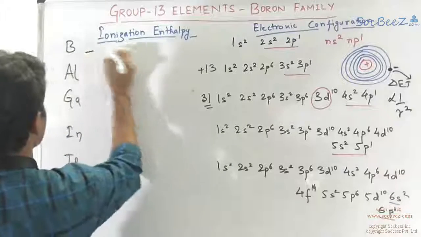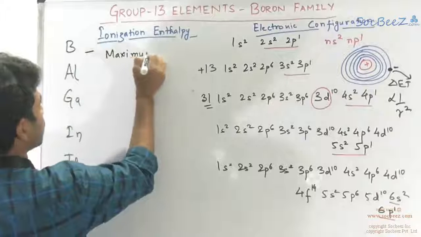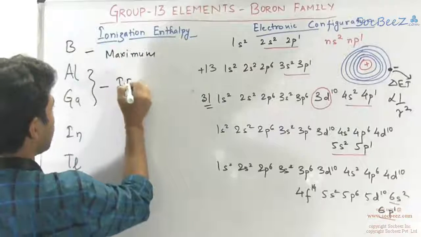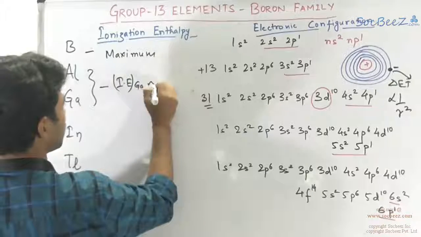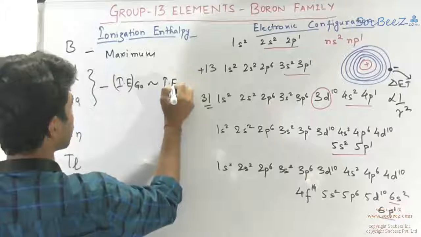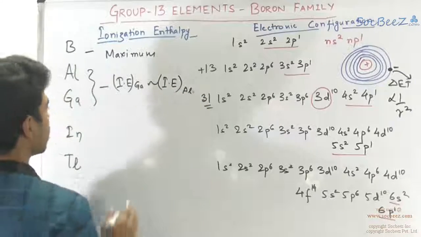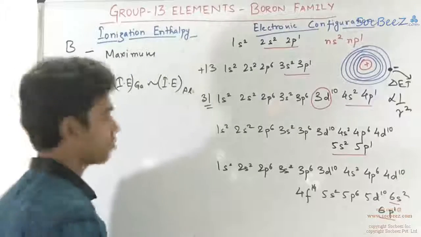So for boron, it is the maximum. For aluminium and gallium, IE of gallium is equivalent to IE of aluminium, because of the atomic size.